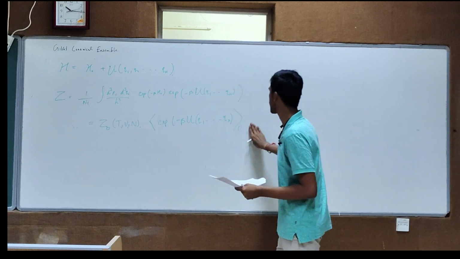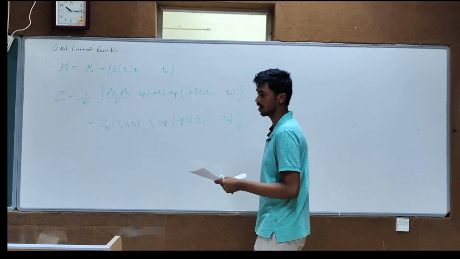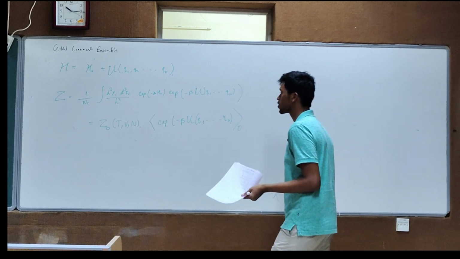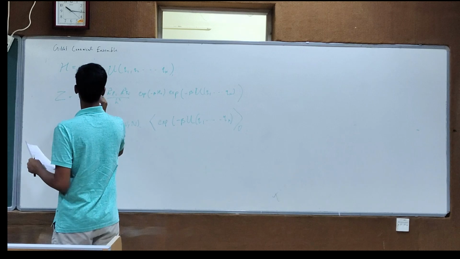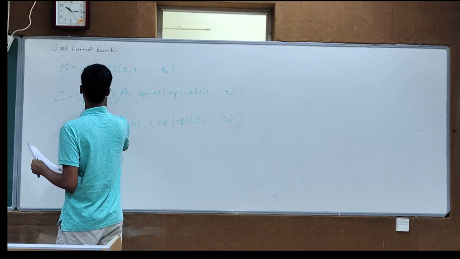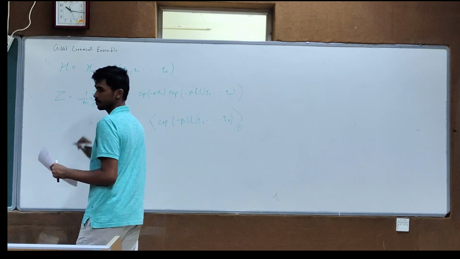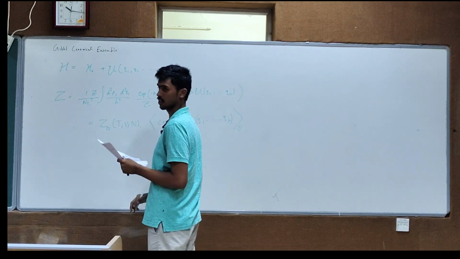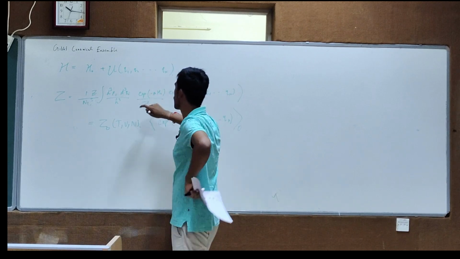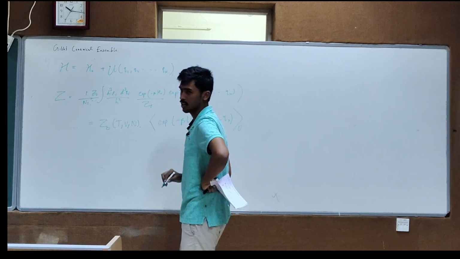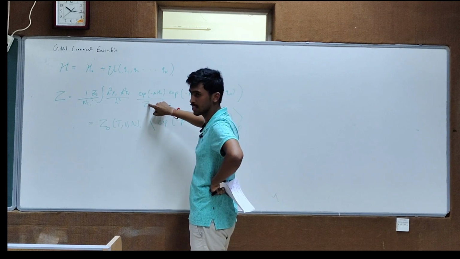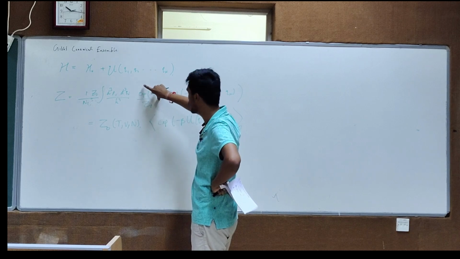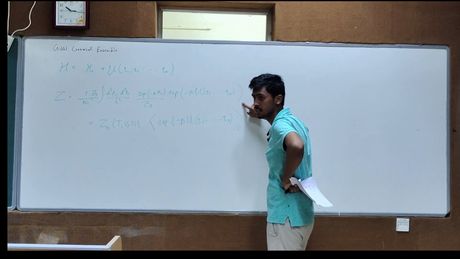And this exponential is taken with respect to the original Hamiltonian. So in this, you multiply by Z naught and divide by Z naught first. Now you take this Z naught inside here. So this is a probability density, exponential minus beta H naught by Z naught. And with this probability density, you are taking the average of this.